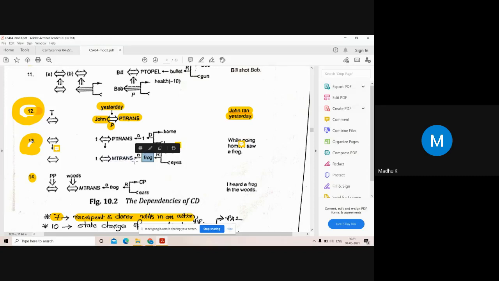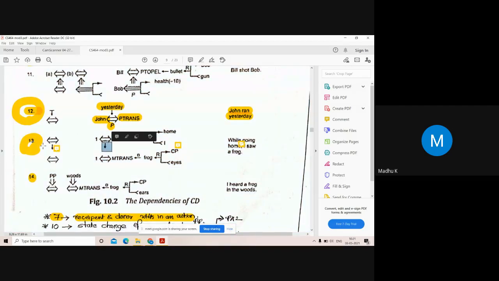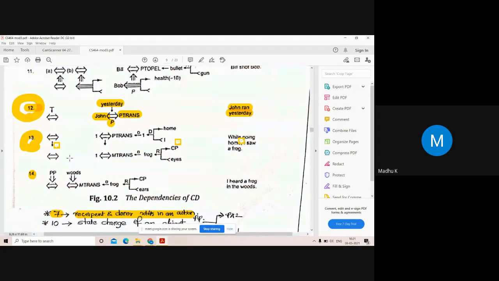The action is M trans. So this is another sentence, and I will combine it using an arrow mark. This is the 13th rule.